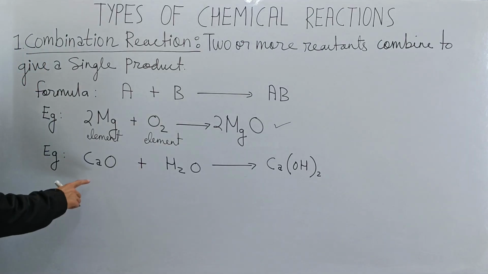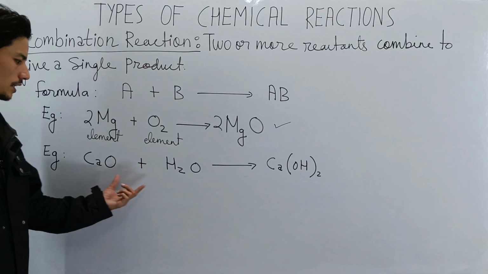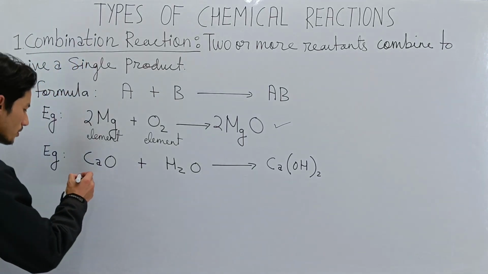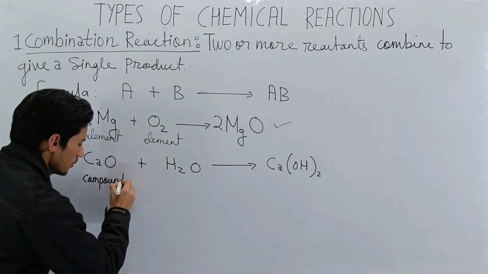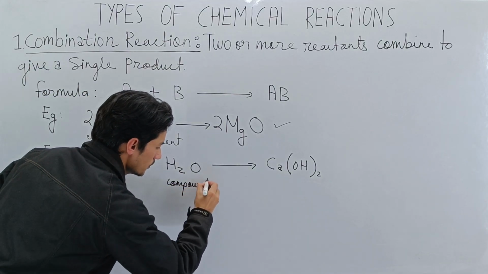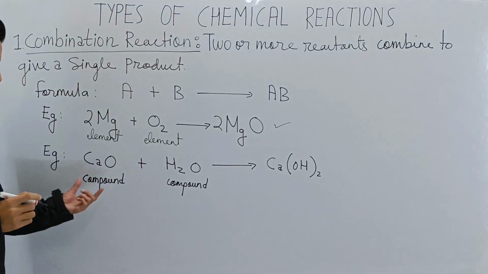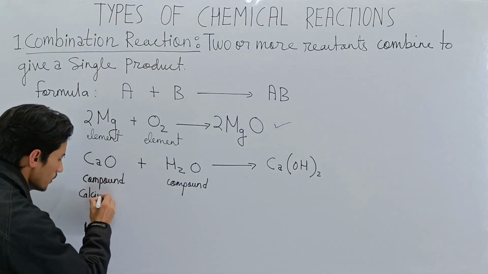Now, this is a compound. This is another compound. Remember, both are compounds only. Compound and compound. This is calcium oxide. If you want to know the name of the compound, it's calcium oxide.